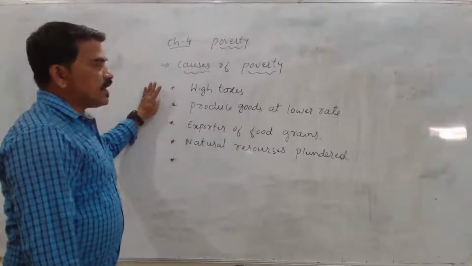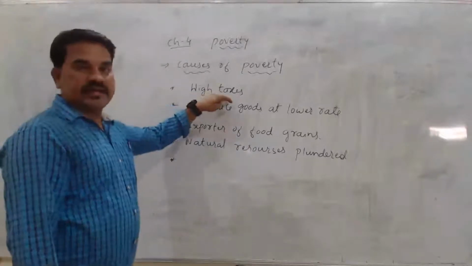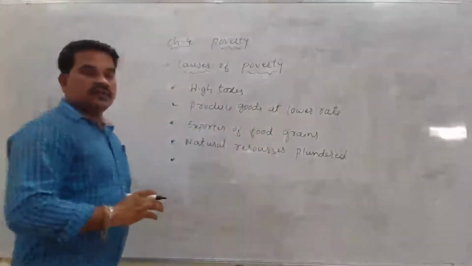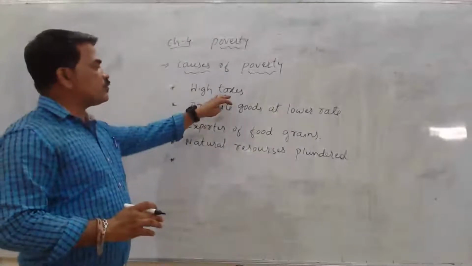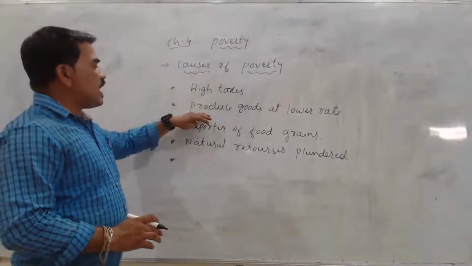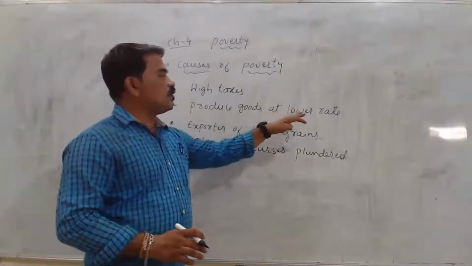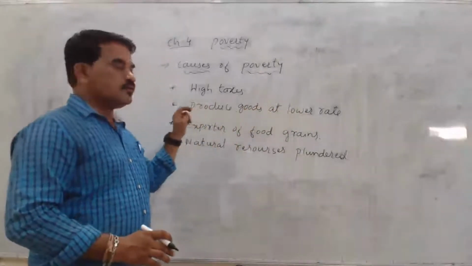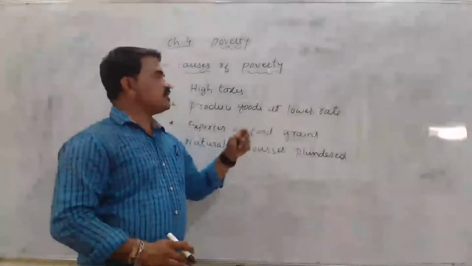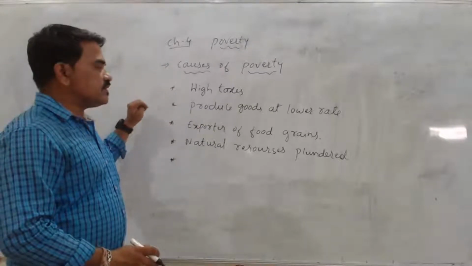At that colonial rule, there were huge taxes, very high taxes, which the Indians had to pay under colonial rule. They produced goods at a lower rate for Britishers. They used Indian resources and started exporting those things to Britain.